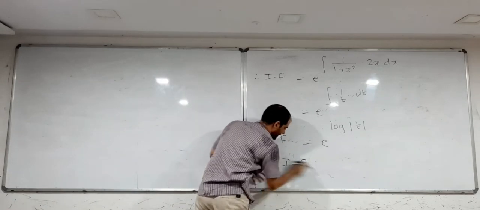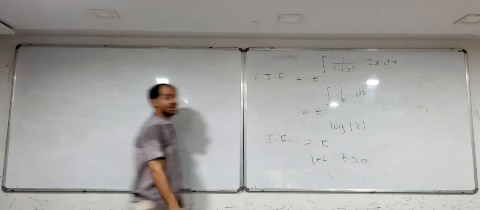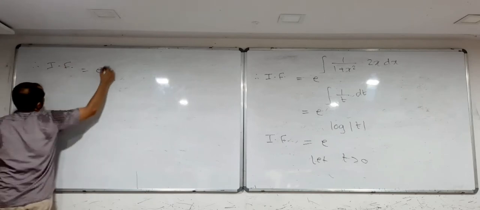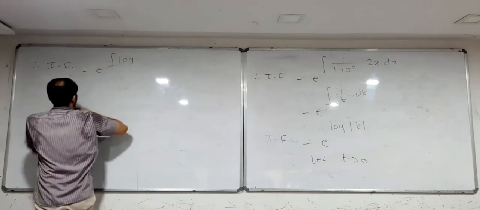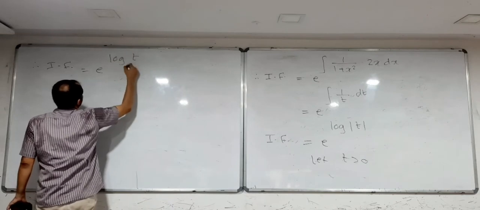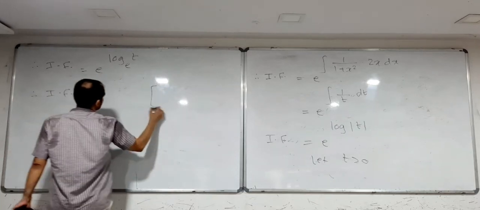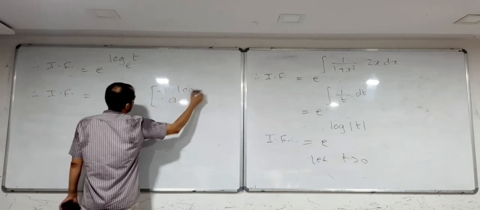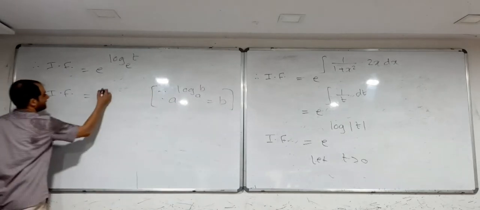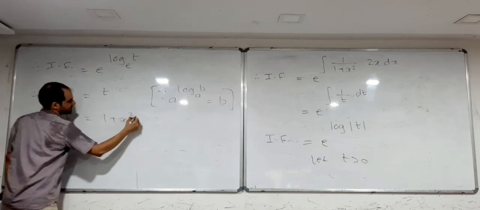Let t greater than 0, तो व्हाट t क्या हो जाएगा? t. सो आईएफ क्या आएगा? e raised to integration of e raised to log of t to the base e. a raised to log b to the base a, अब आपको लर्न हो चुका होगा b, तो कितना आ जाएगा? t. What is t? t is 1 plus x square.